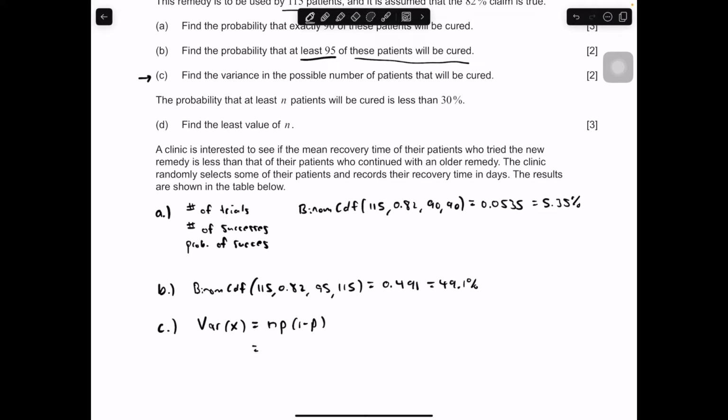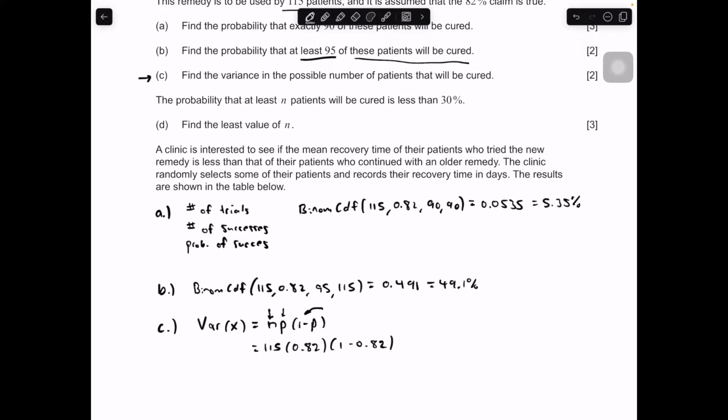In this case, the number of trials is 115. The probability of success, the probability of getting someone cured, is 0.82, and then this is 1 minus 0.82. That is to say, the probability of success and its complement. N is the total number of trials. So let's work that out.